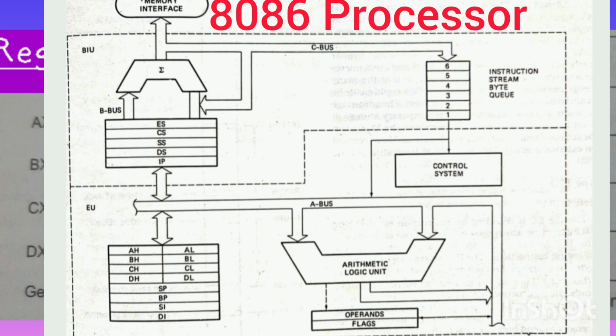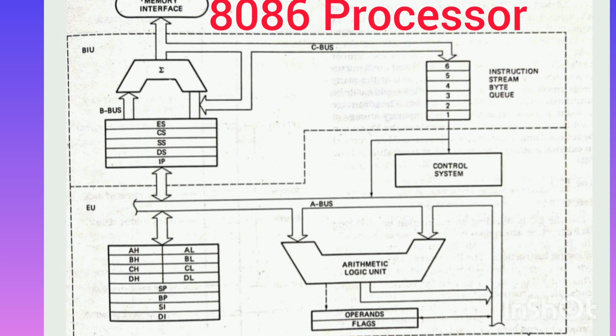Execution unit also has a pointer and index registers as shown in the internal block diagram of 8086 processor, which are 16-bit stack pointer register, 16-bit base pointer register and 16-bit source index register and 16-bit destination index register.